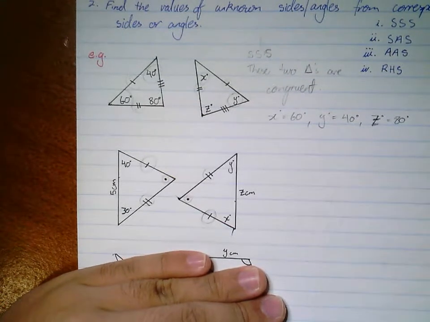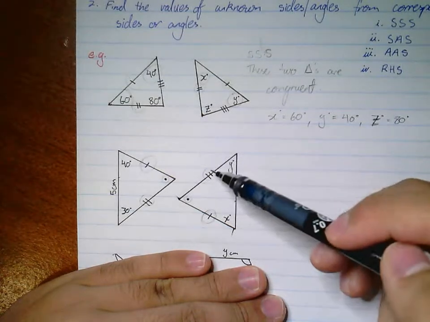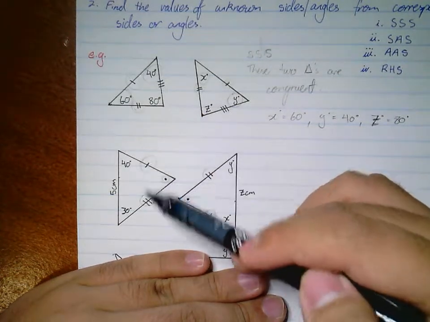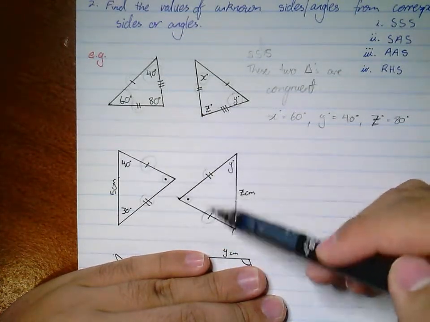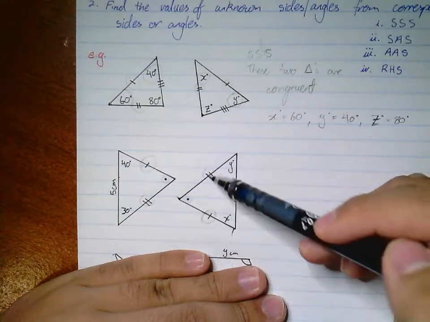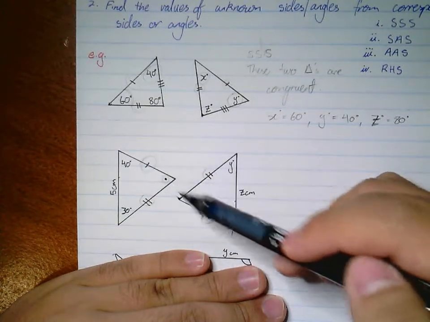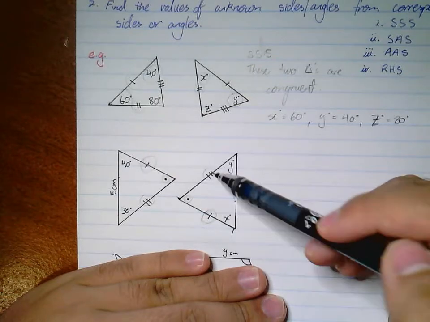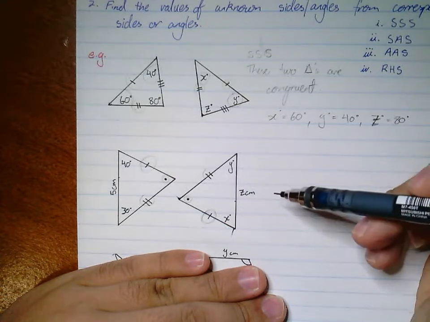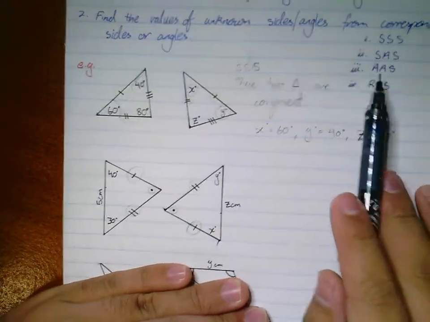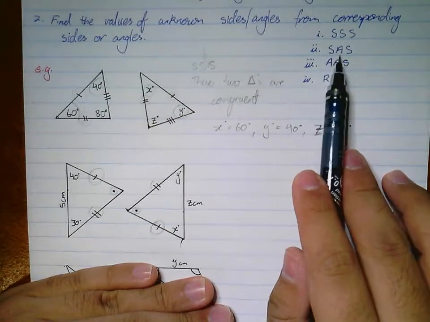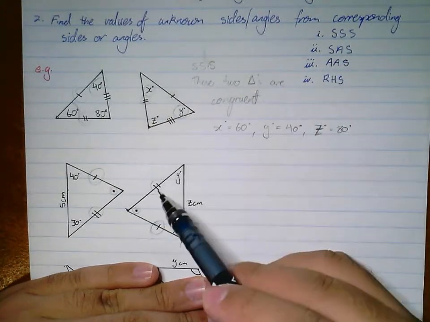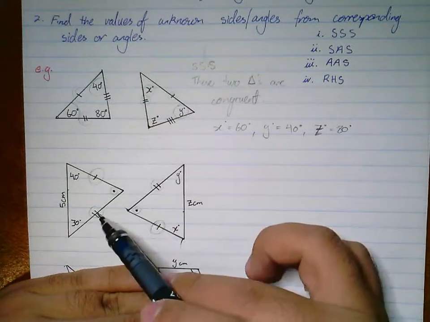And not only that, we have two sides and an angle, but the angle is in between the two sides. That is actually, if you can see in the top right corner here, side, angle, side.